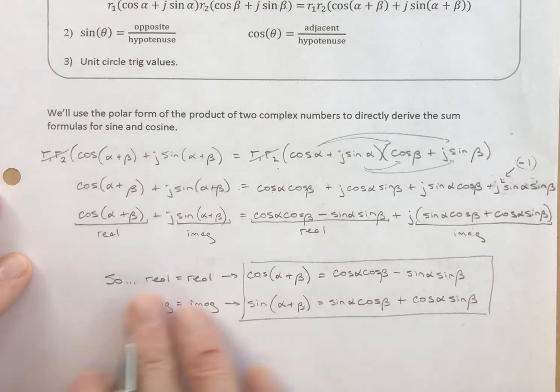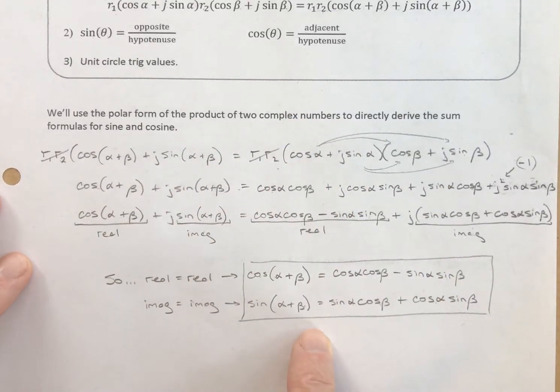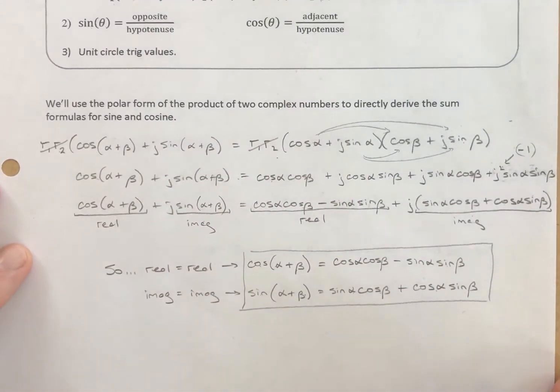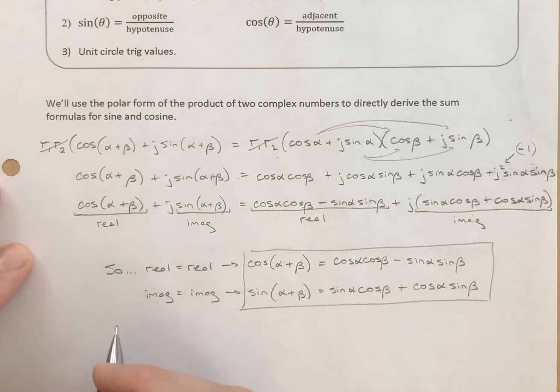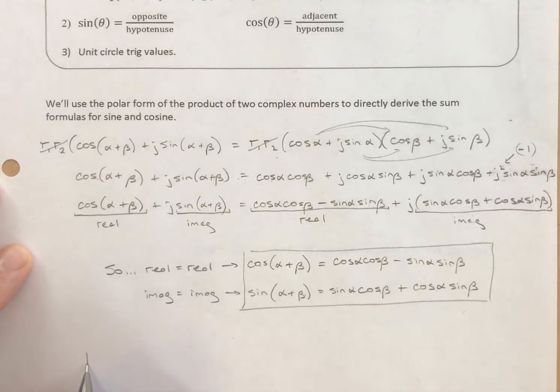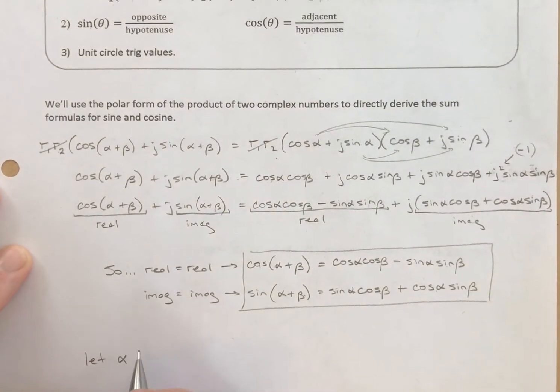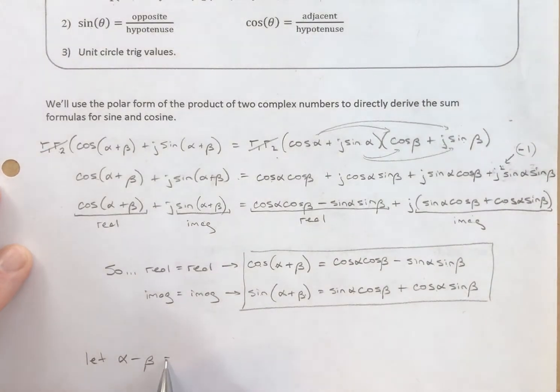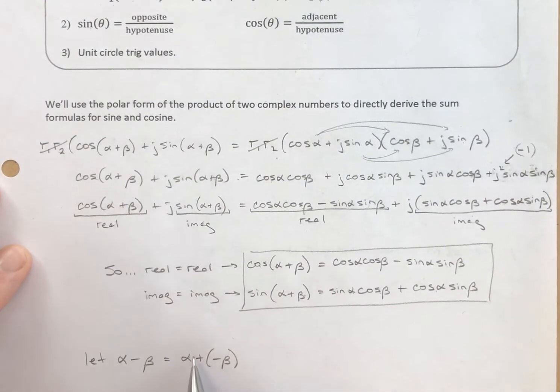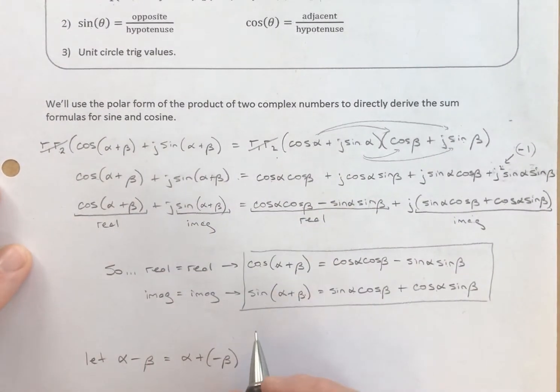Now, I derived the sum formulas. I'm not going to derive the difference formulas, but I'll let you know this is how it works. I just let alpha minus beta be the same as alpha plus negative beta, and then I just go through this process again to get the difference formulas.